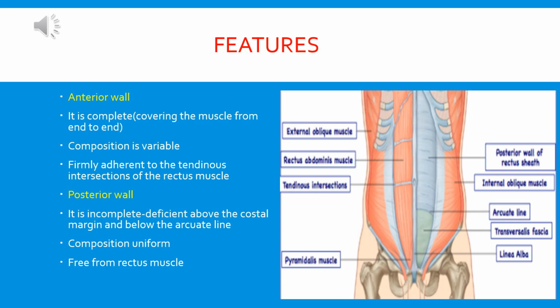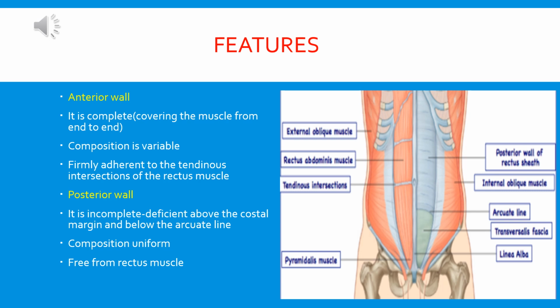Next, the posterior wall. It is deficient above and below, and hence it does not cover the entire extent of the muscle longitudinally. Above, the posterior wall is attached to the costal margin, that is 7, 8, 9 costal cartilages, and thus the muscle above lies directly on 5, 6, 7 costal cartilages.